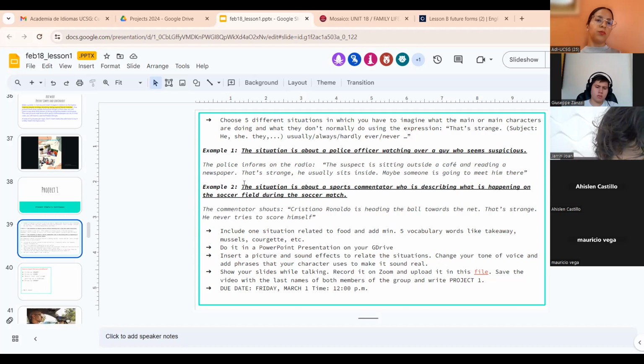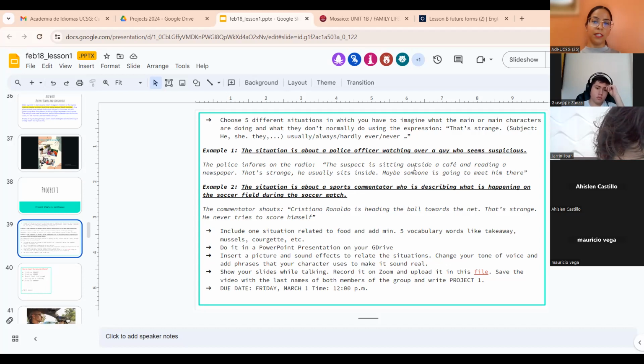The next example, for example, I have here a sport commentator. You know that these people are always shouting because they are informing you what's going on on the soccer field. So that's my next situation. The commentator can start saying, Cristiano Ronaldo is heading the ball towards the net. That's strange. You see, the first part, once again, is in present continuous.